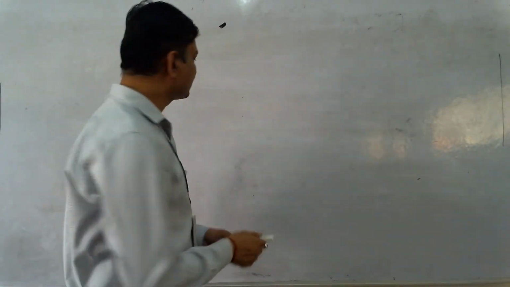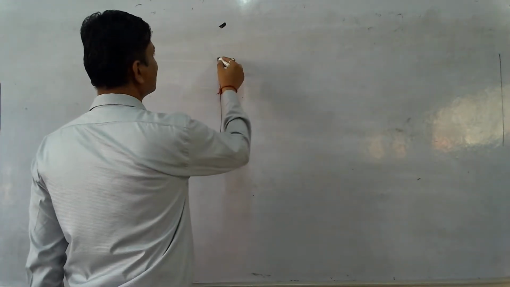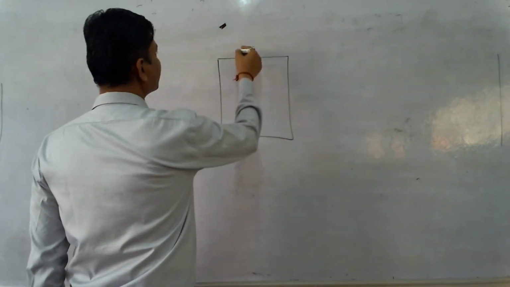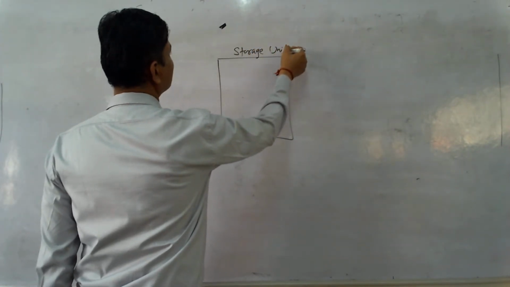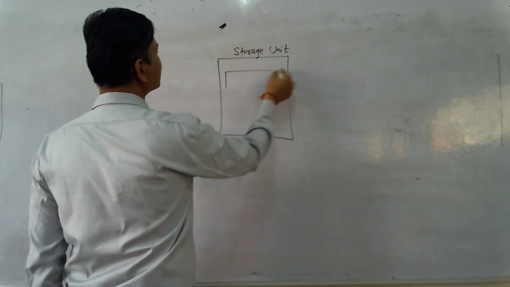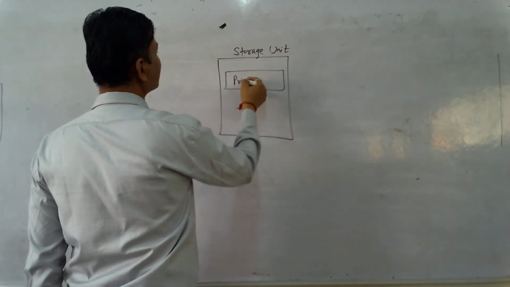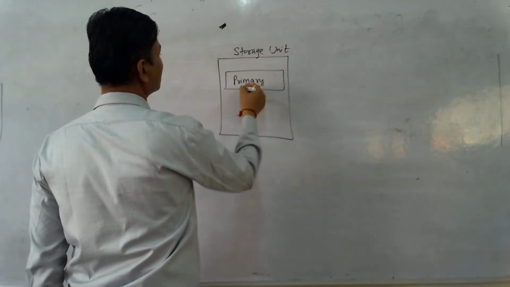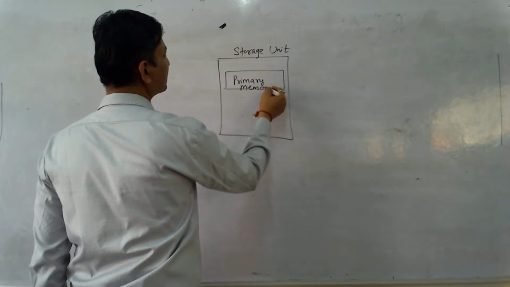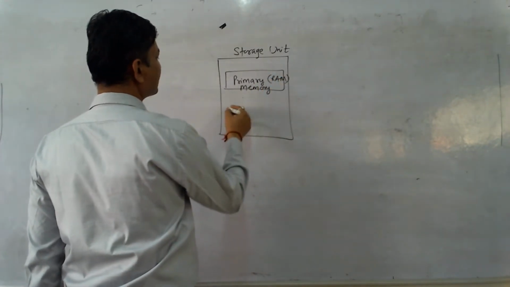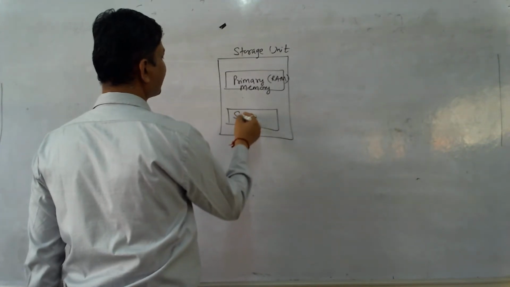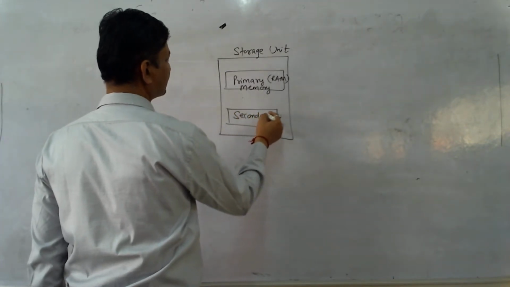As we know, suppose this is the storage unit in which we have two parts: primary memory. Primary memory means memory, RAM, and the second part is secondary memory, like hard disk.